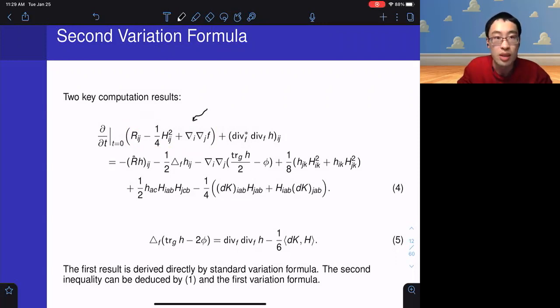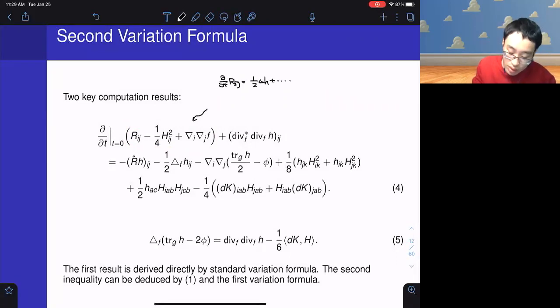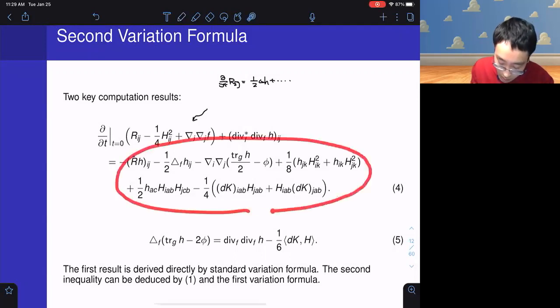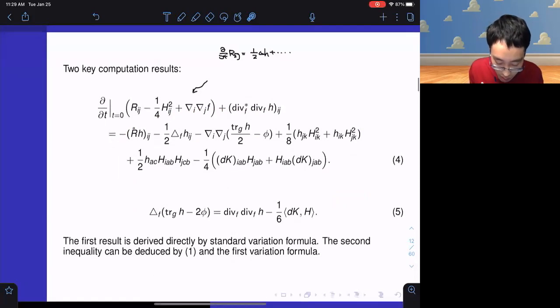The partial derivative of Ricci is, I think, half of Laplace h plus something else. Then after simplification, you will derive this.